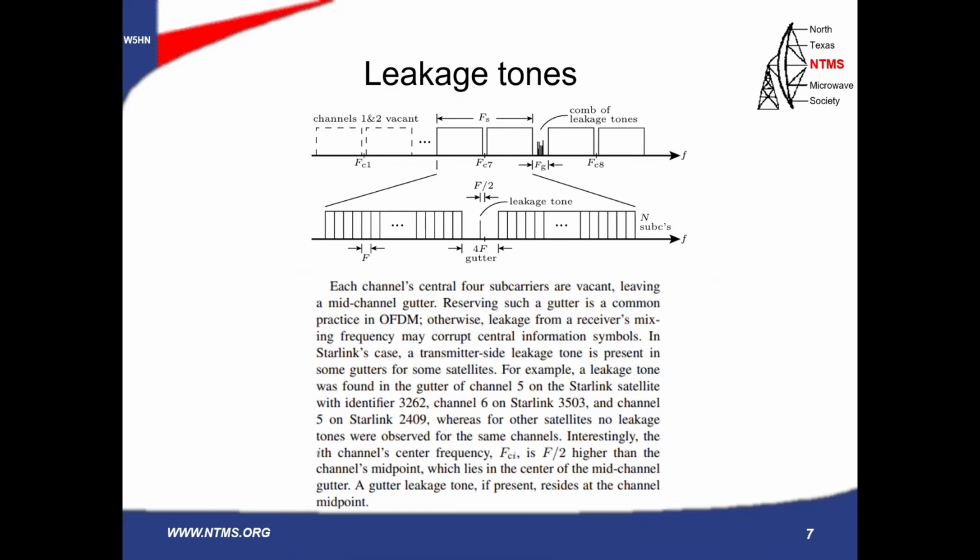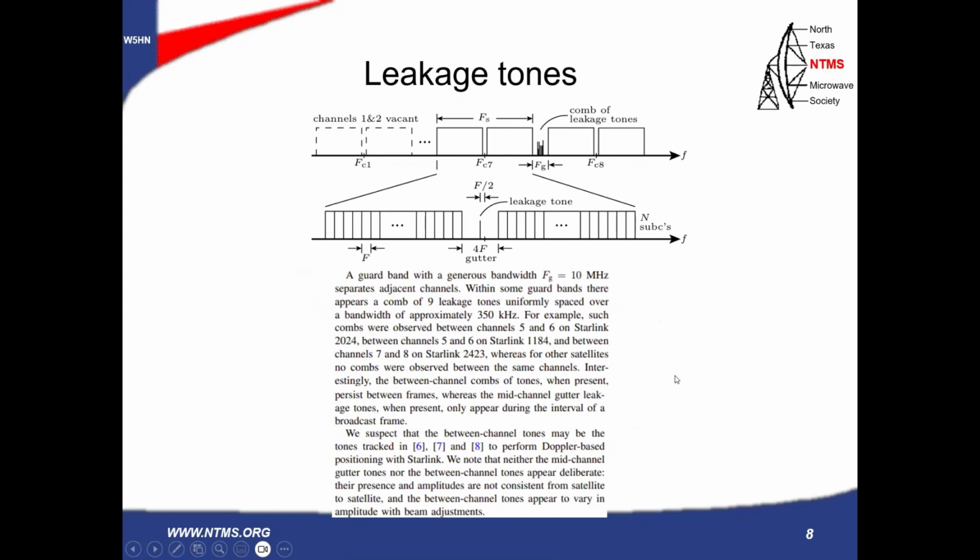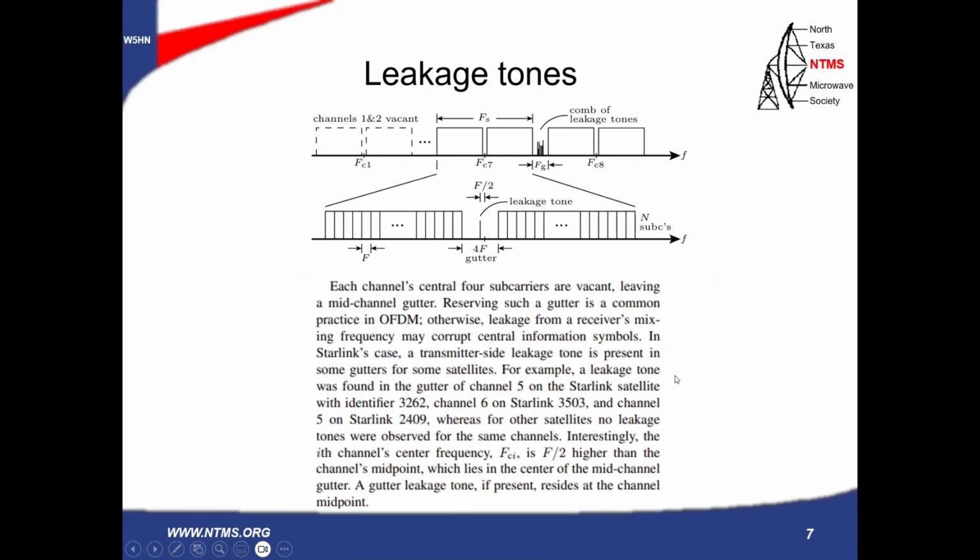Otherwise, leakage from a receiver's mixing frequency may corrupt, but in Starlink's case, a transmitter-side leakage tone is present in some gutters for some satellites. And then it goes into a number of differences between which satellites the gutter tones were received.